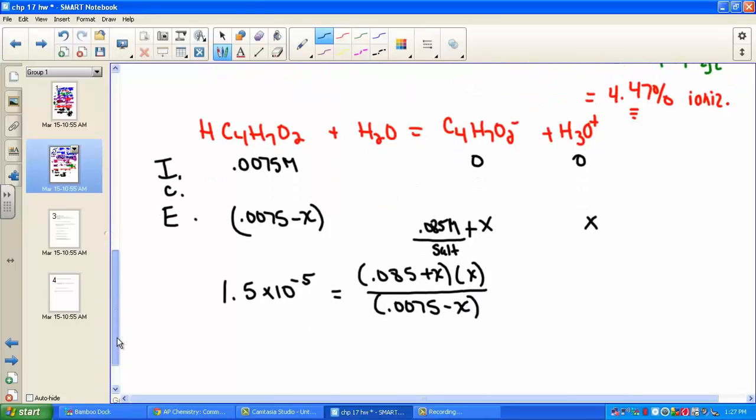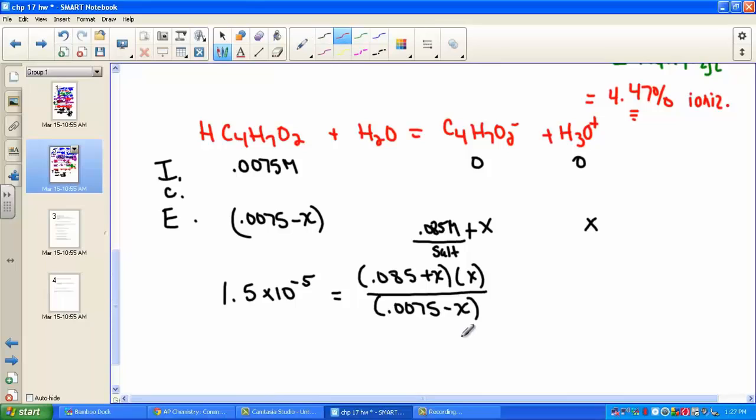That's the true calculation, but let's make some safe assumptions. Let's assume that the percent ionization, it was already small, and we predict it's going to be even smaller, that the value of X can simply be tossed out.